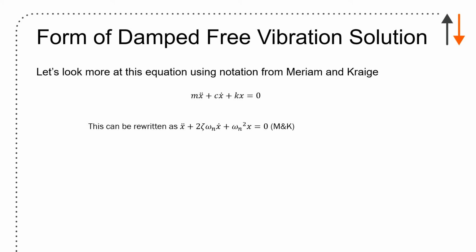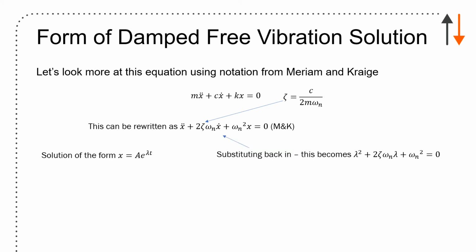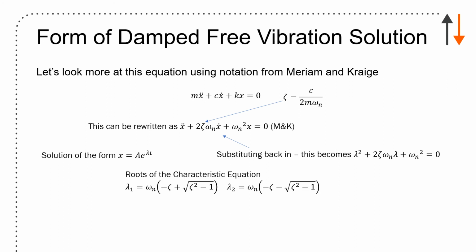Now, the zeta here is just the damping coefficient divided by 2m omega n. So that's where you're getting your critical damping coefficient, which is that c over cc. Solutions have the form x equals A e to the lambda t. And you substitute that back in, it becomes lambda squared plus 2 zeta omega n lambda plus omega n squared equals 0.